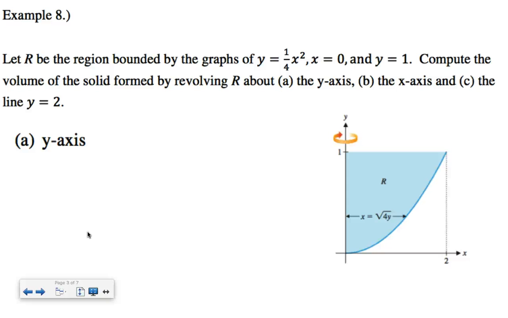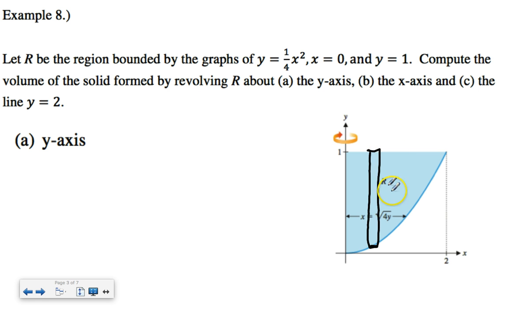But actually, for part A, we might need to use a washer. We might still be able to use a disk. So if we look at our graph, this is the graph of y equals 1/4 x squared. I notice that if I draw my representative rectangle so that it's vertical, the long side of the rectangle is actually not perpendicular to my axis of revolution.